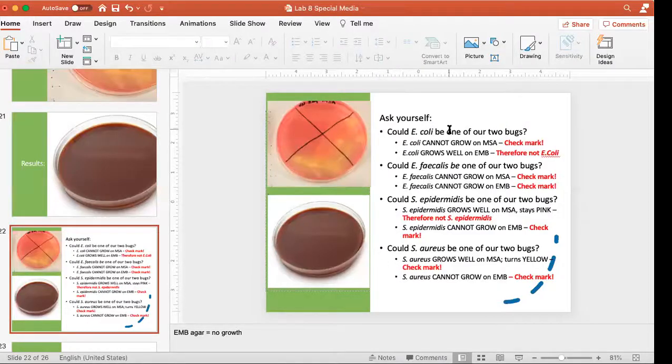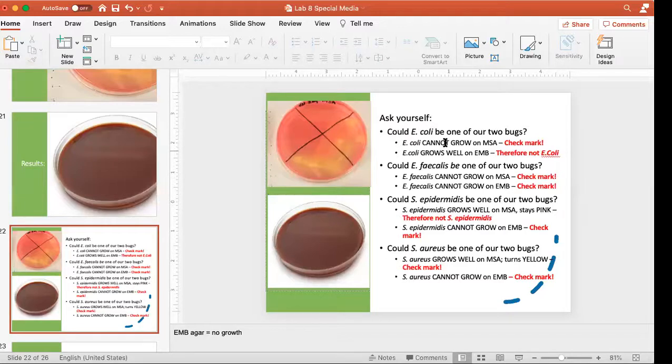Enterococcus faecalis has to be the other organism by a process of elimination, right? I didn't actually grow any Enterococcus. So how do I know? Well, I know because I ruled out the other ones.